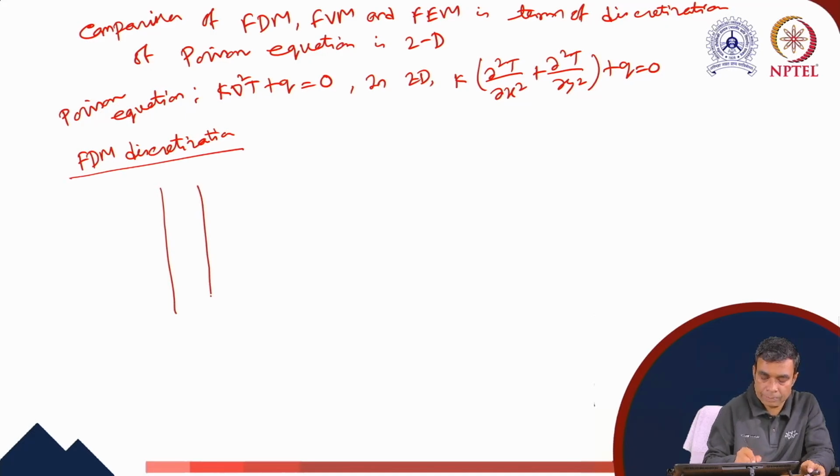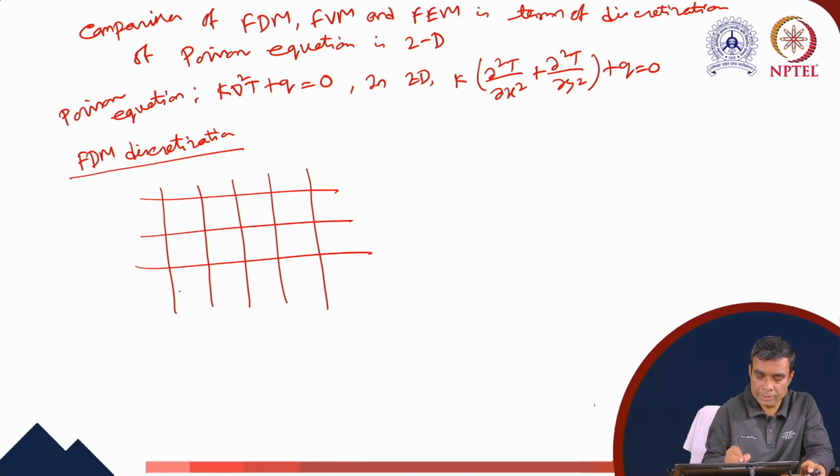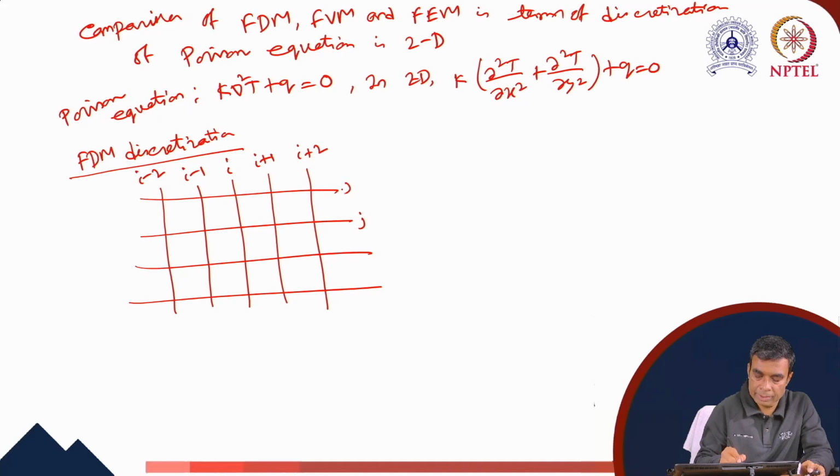So we have the orthogonal grid here, which is compulsorily structured. Now we have grid lines I plus 1, I plus 2, I minus 1, I minus 2. This is J, this is J plus 1, this is J minus 1, this is J minus 2. So this is the ijth node.